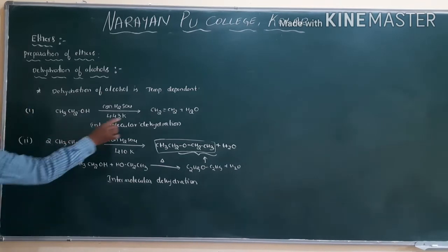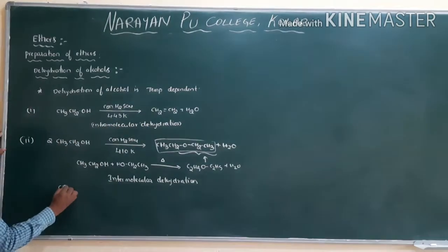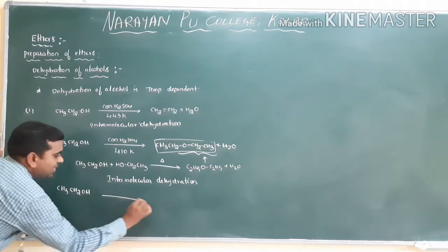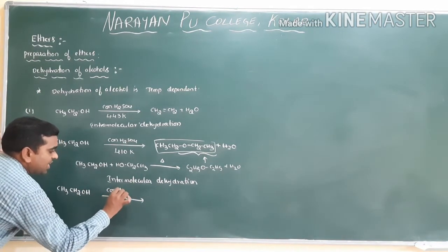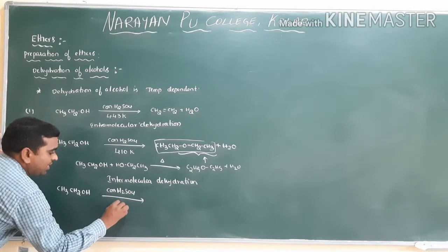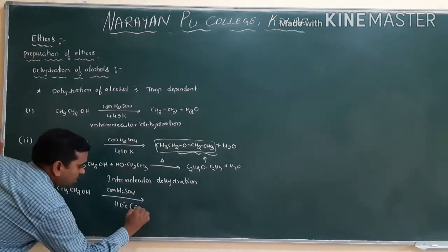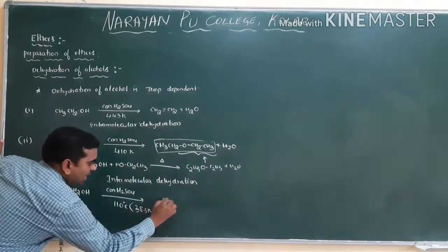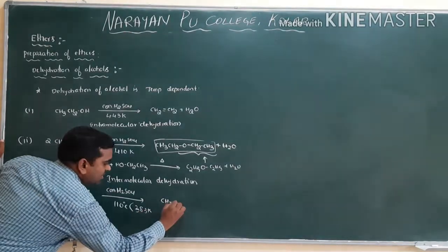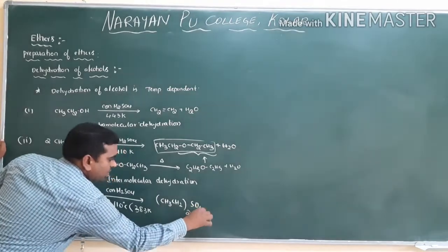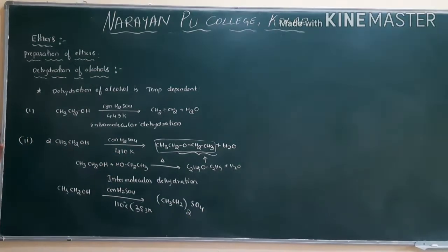And again, suppose you take CH3CH2OH, and take concentrated H2SO4, maintain 110 degrees centigrade. 110 degrees centigrade means 383 Kelvin. Then you will get the compound CH3CH2 twice SO4, diethyl sulfate.